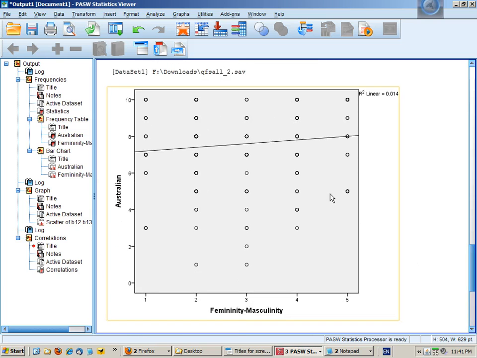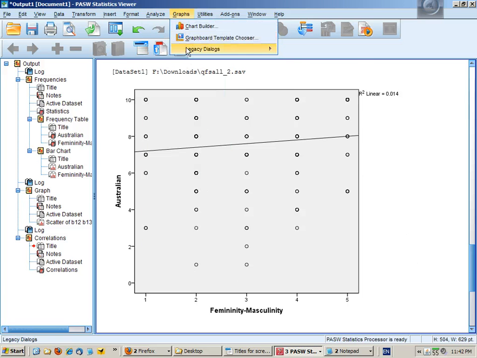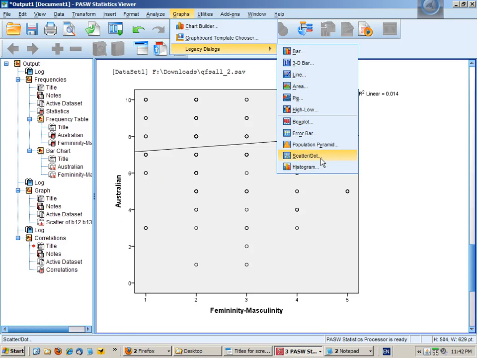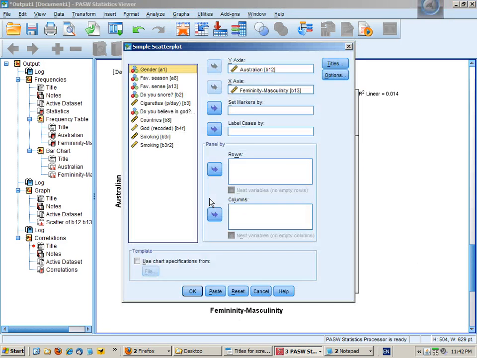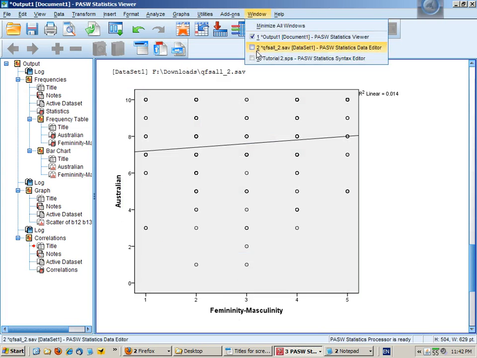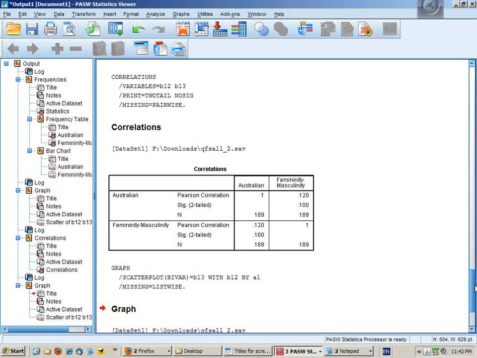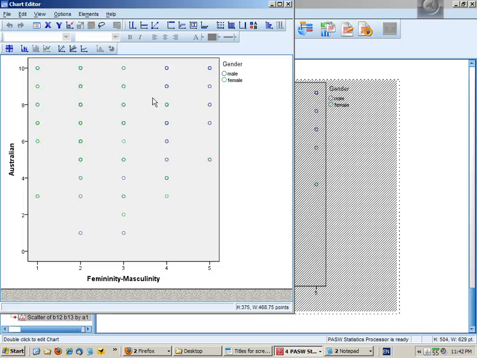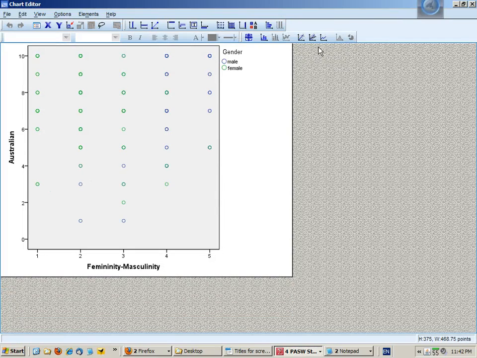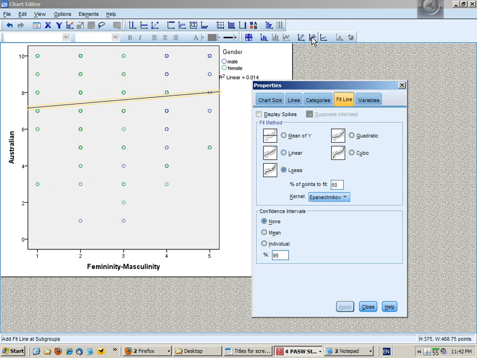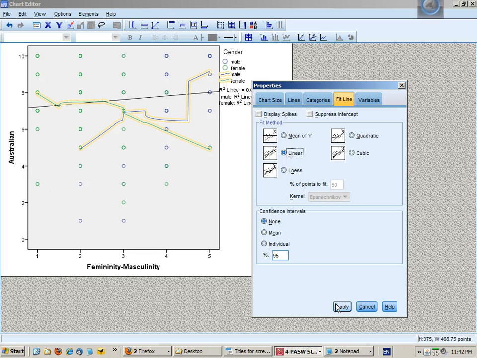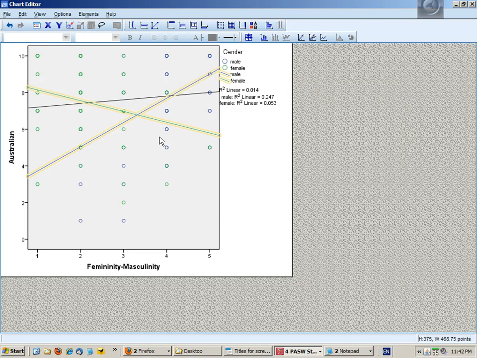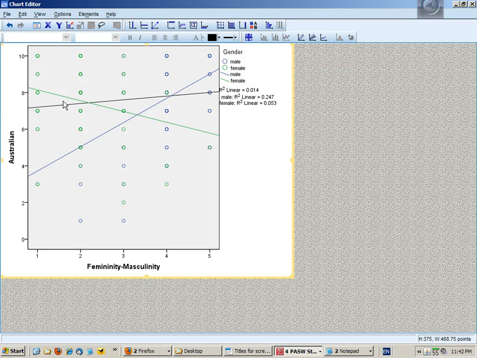However, something more might be going on in the data. Let's consider what happens when we look at the sample by male and female. If we add genders here into set markers by and rerun the scatter plot, double click on the scatter plot, add our line of best fit, but also add separate lines of best fit for males and females.